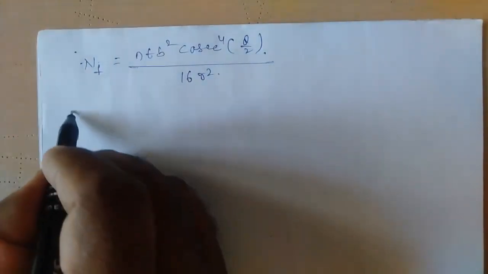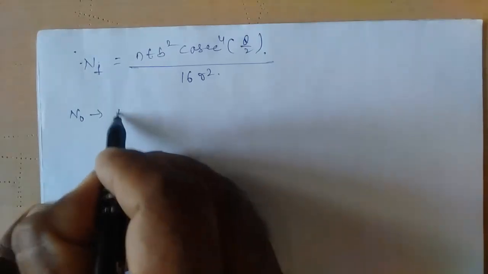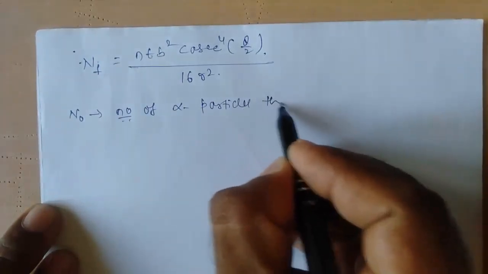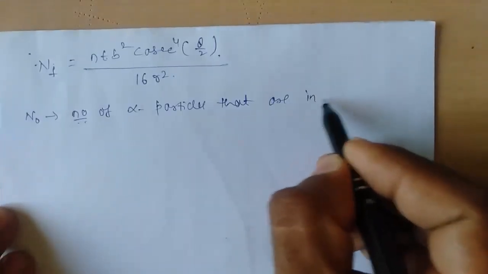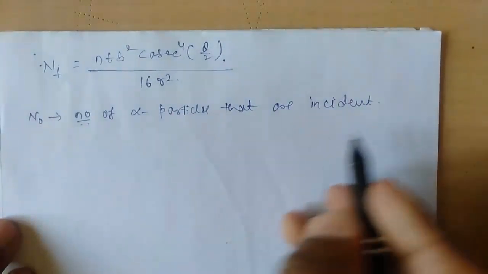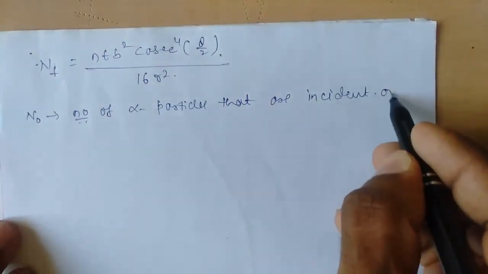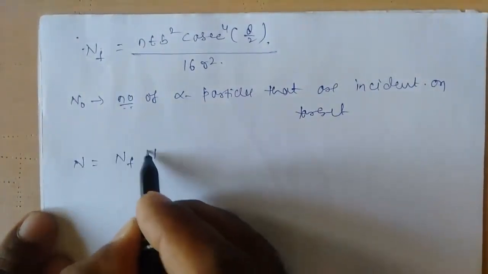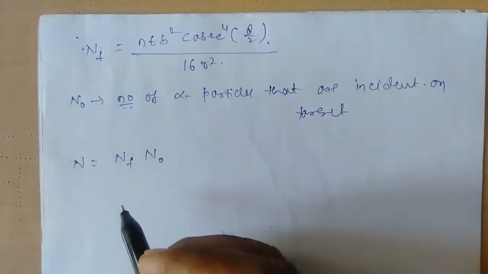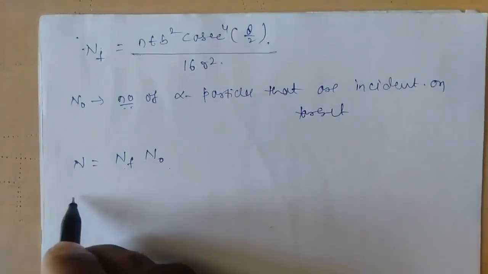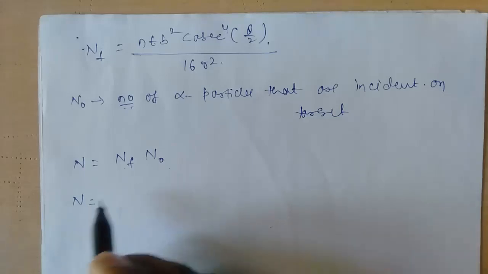Now let us assume that n naught is the number of alpha particles incident on the target. Then the number of alpha particles getting deflected within an angle of theta and theta plus d theta is given by n is equal to nf into n naught.